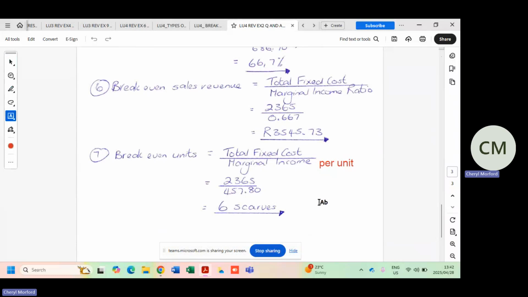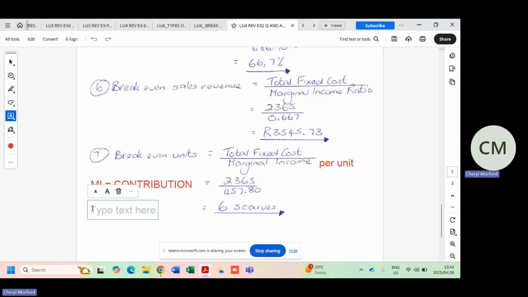Now, what is your marginal income per unit? Just want to sort out some terminology here. Marginal income per unit is the same as contribution margin per unit. The book is a little confusing here in that it just alternates quite freely between terms. Contribution margin per unit and marginal income per unit are the same thing.